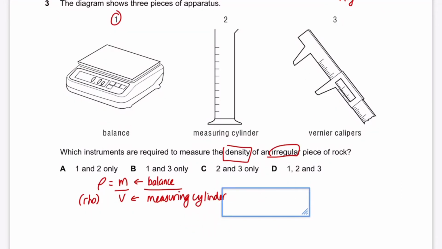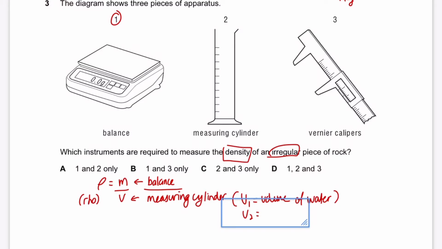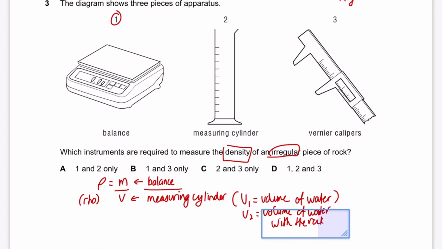You can measure the first volume, which is the volume of water, then add the irregular piece of rock, then measure the second volume. So let me write that down. First volume will be the volume of water inside the measuring cylinder. Second volume will be the volume of water with the rock. If you deduct both of these volumes, you'll obtain the volume of the rock.